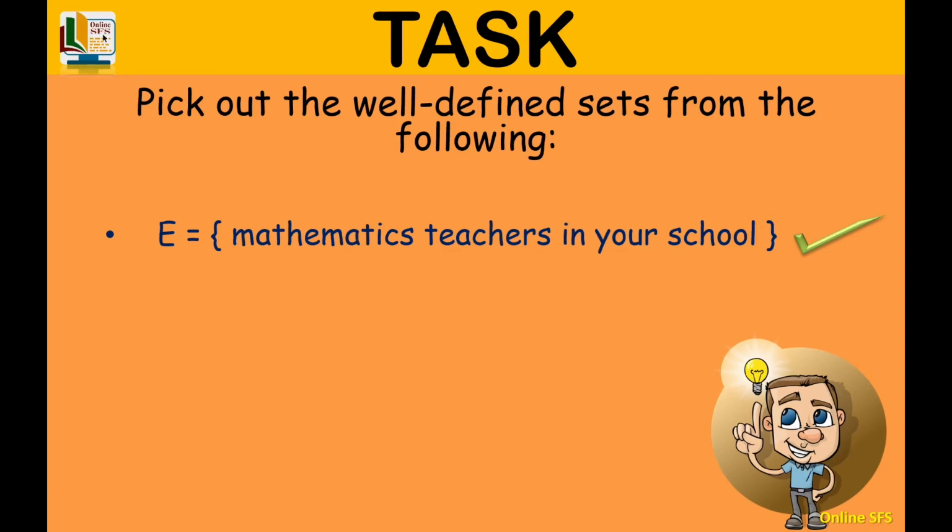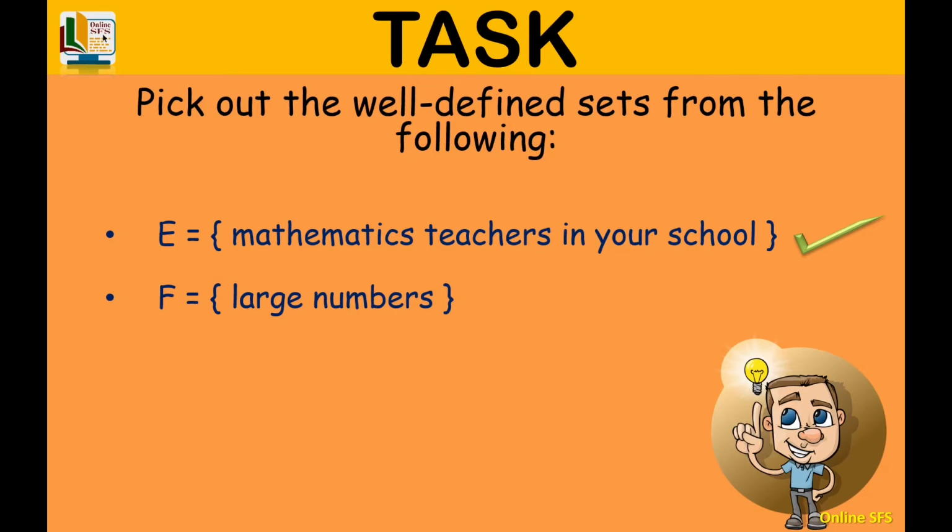Let's see the next question. F equals large numbers. Now, think over and decide whether you can clearly mention and classify which numbers are large and which ones are not.